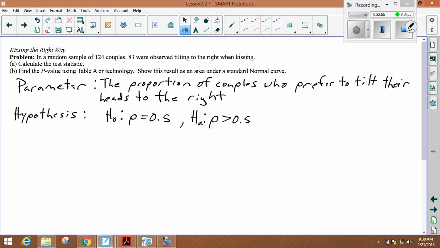All right. Assumptions: we already checked conditions, right? On the last page.